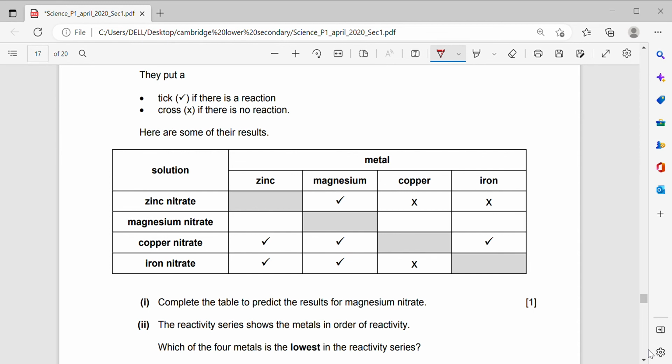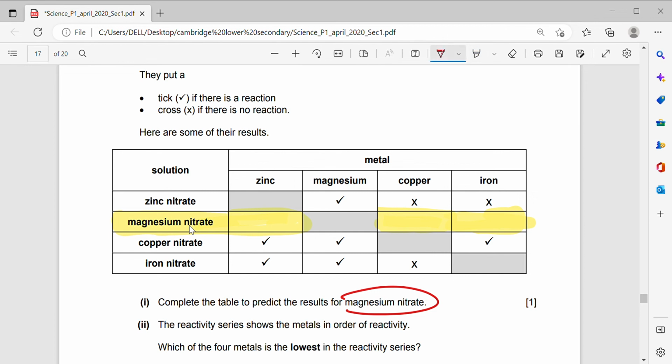Complete the table to predict the results for magnesium nitrate. I have to complete the magnesium nitrate part, it is not filled in. Okay, so I have to complete the magnesium nitrate part. Now let's look at the results I have in the table first and let's conclude what's happening.